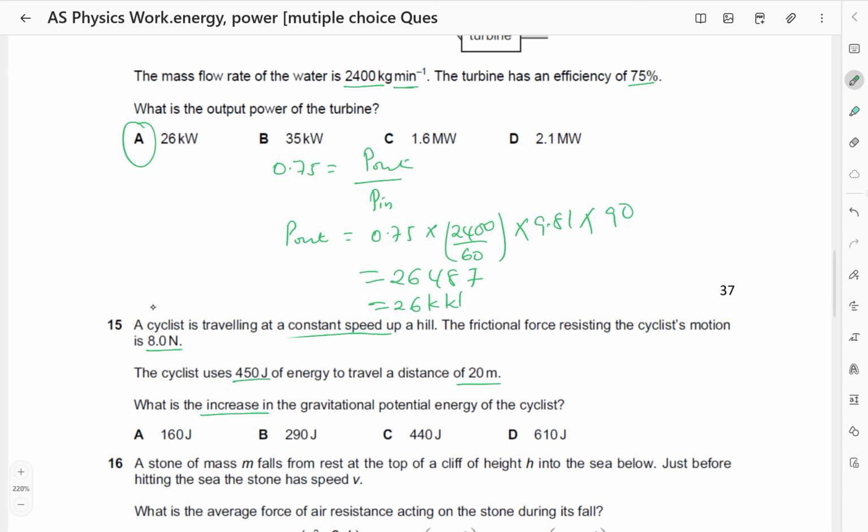The cyclist is traveling at a constant speed up a hill. What does this mean? This implies that the change in kinetic energy is zero because there is no change in speed. The cyclist uses 450 joules of energy to travel a distance of 20 meters. That means all this energy does only two things: doing work against friction, which I'll call W subscript F, and giving the cyclist gravitational potential energy.